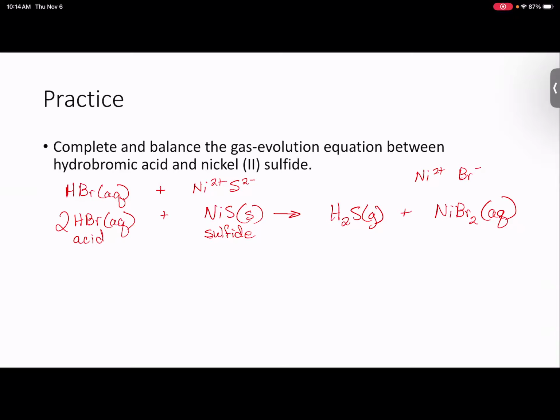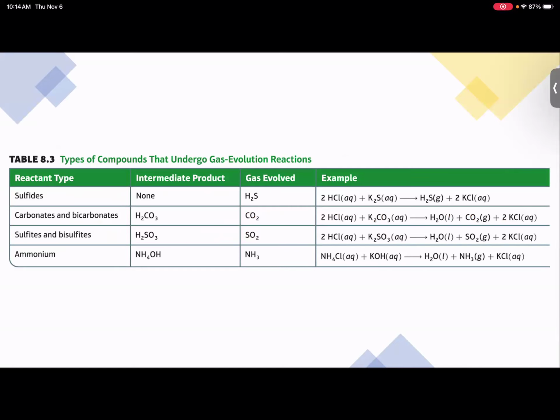So if I had to learn one thing, it would be that. You're going to have plenty of other stuff to develop the molecular equation, the complete ionic, and net ionic equation for.